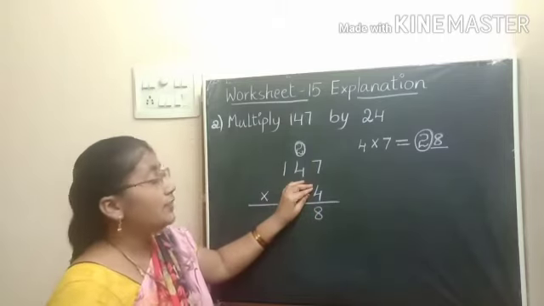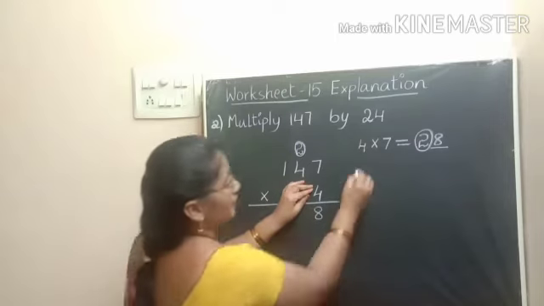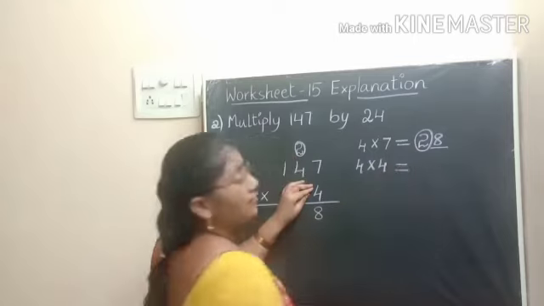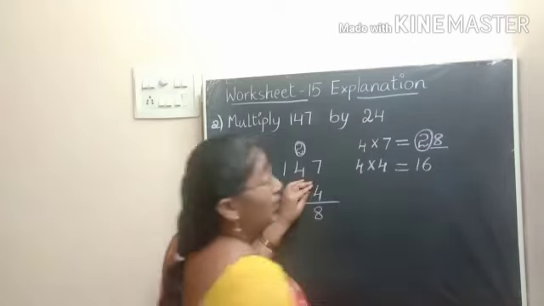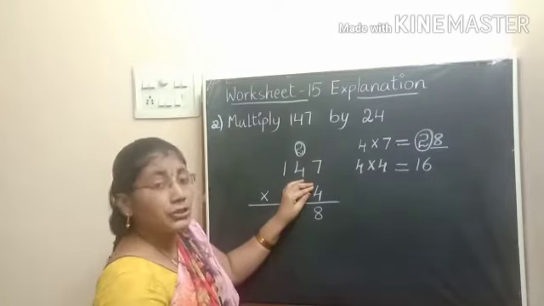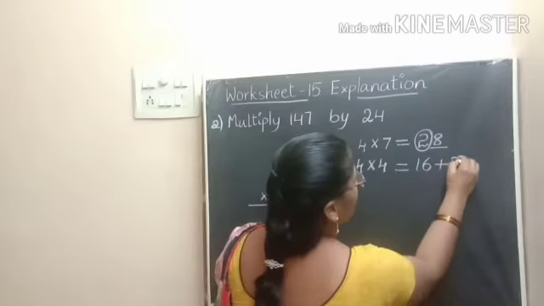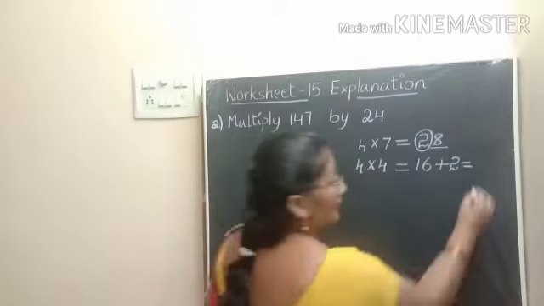Understood, children? Next we should multiply 4 and 4. So take 4 into 4. 4 fours are, how much it is? 16. But here we have carry 2. So we should add this carry to this result. 16 plus 2 is equal to 18.